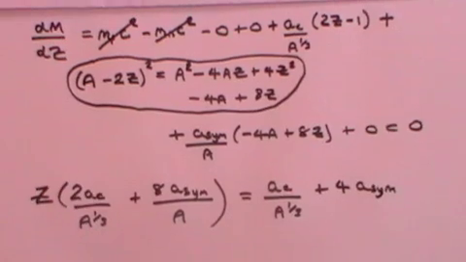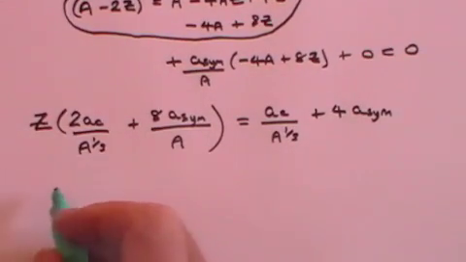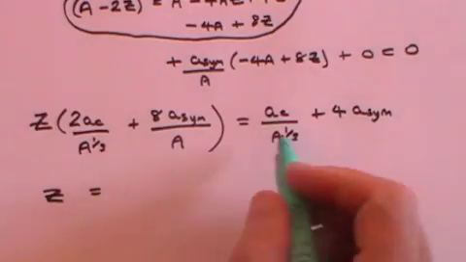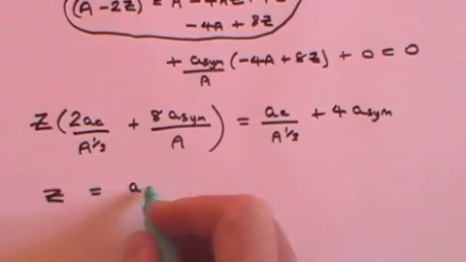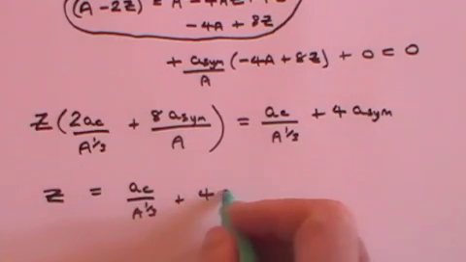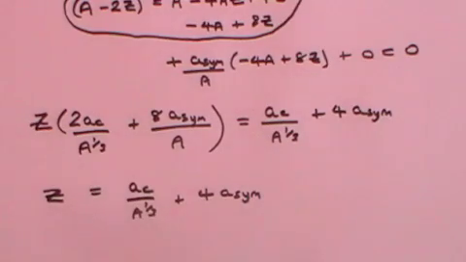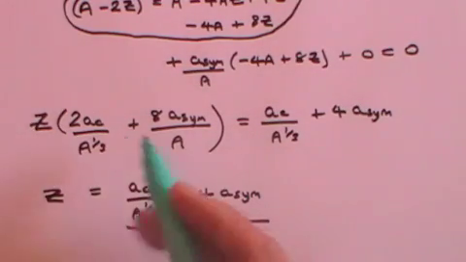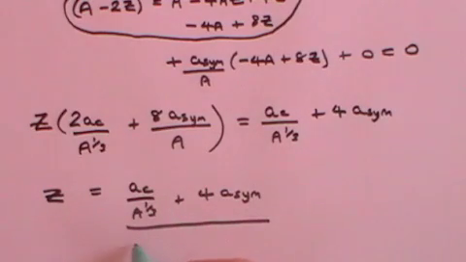And that means that I can write that Z is equal to this term here, ac over A to the 1/3 plus 4 asim, divided by this term here, 2ac over A to the 1/3 plus 8 asim over A.